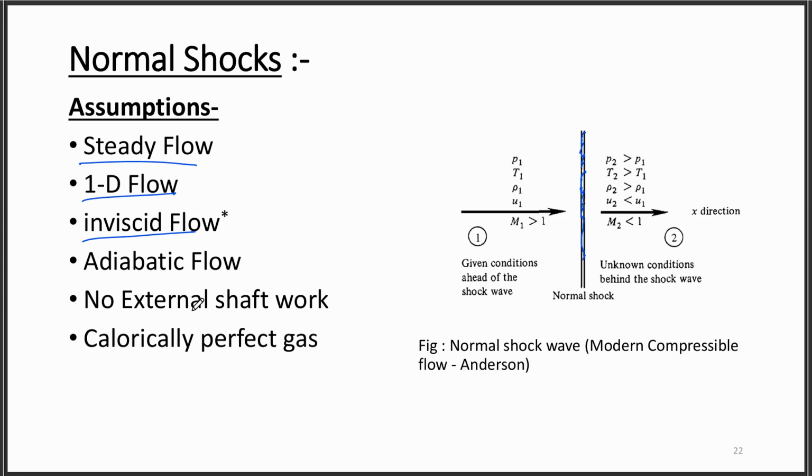We also assume that there is no external shaft work and the gas is calorically perfect. The condition ahead of the shock is given by 1 and behind the shock by 2: P1, T1, ρ1, U1, P2, T2, ρ2, U2. Across the shock, P2, T2, ρ2 increase but velocity decreases, and the upstream Mach number will always be greater than 1. The downstream Mach number will be subsonic.